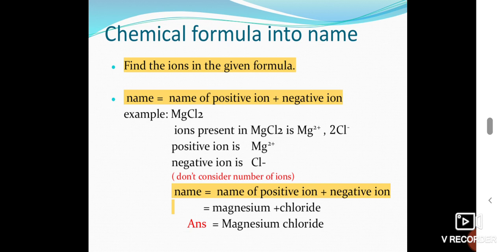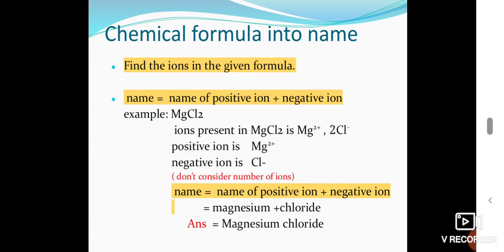And second step, write the name of the positive ion and negative ion. And finally we add the name of the positive ion plus the name of the negative ion. We get the answer. What is that? We get the name of the chemical formula.